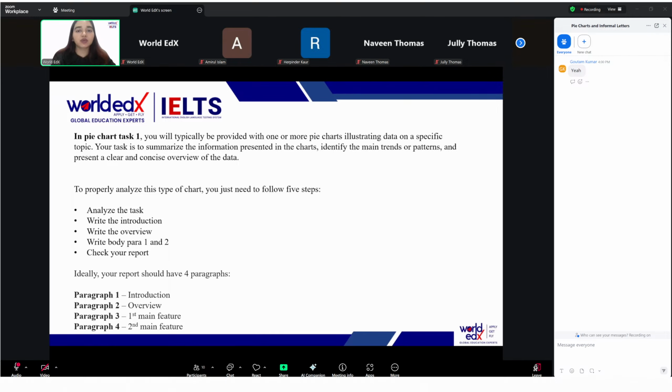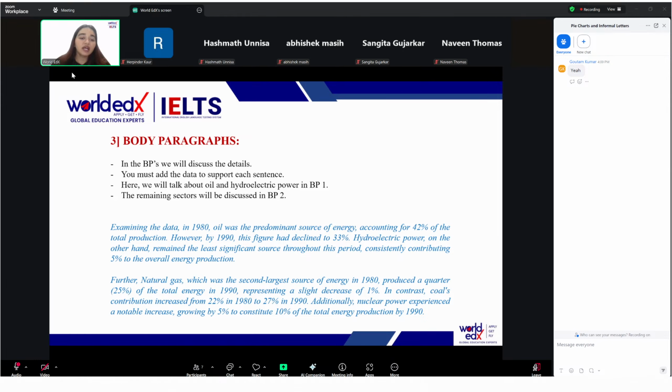Further, again, this is a linker, a connector that you use. Natural gas, which was the second largest source of energy in 1980, produced a quarter. Yes, words like half, quarter, 1/4 need to be included in the graph, because these are graph related vocabulary. So of the total energy in 1990, representing a slight decrease of 1%.